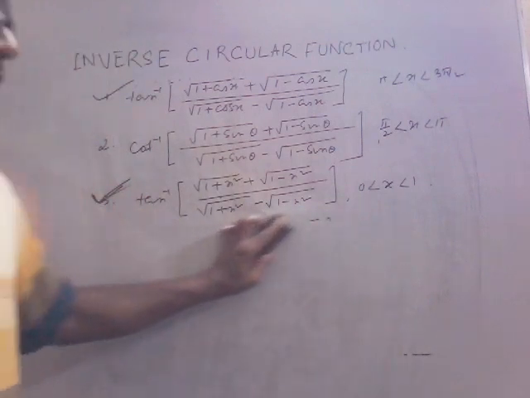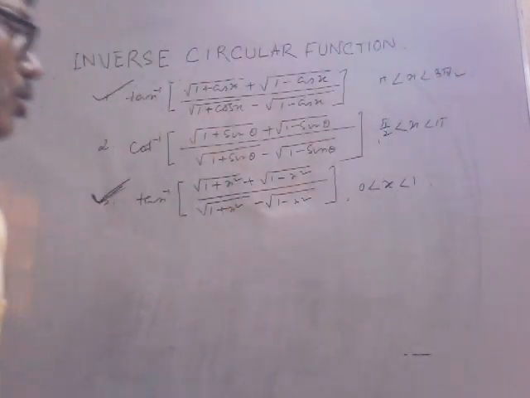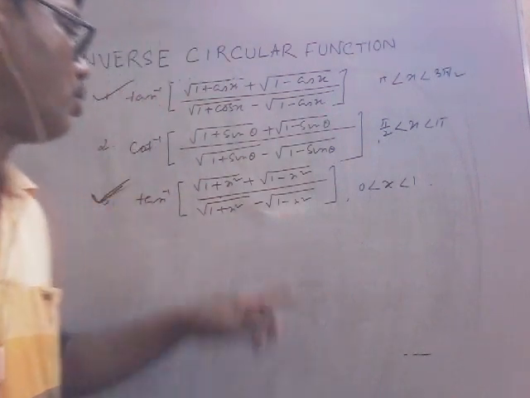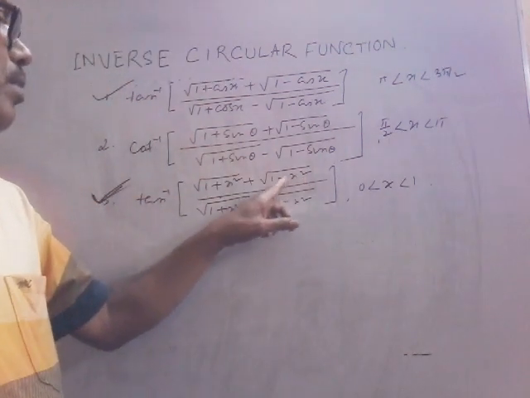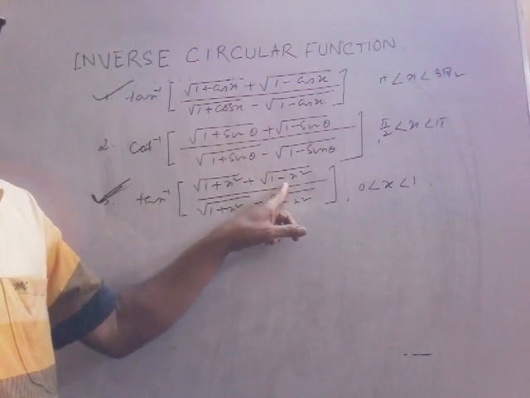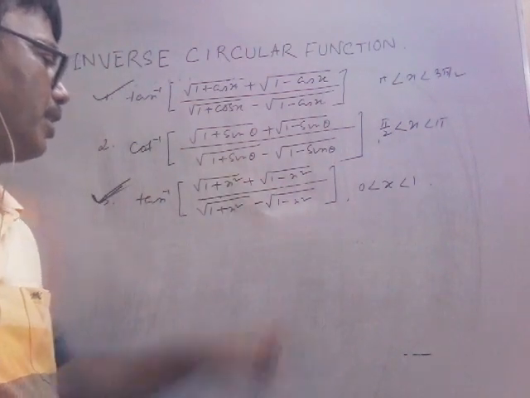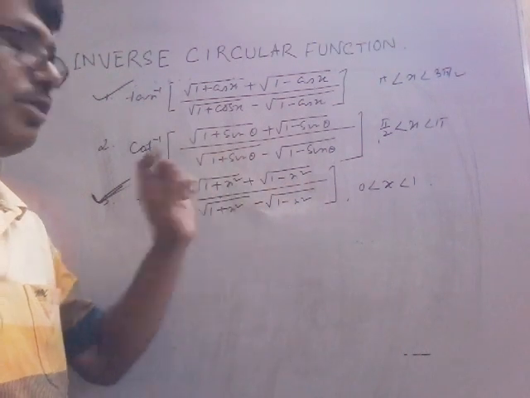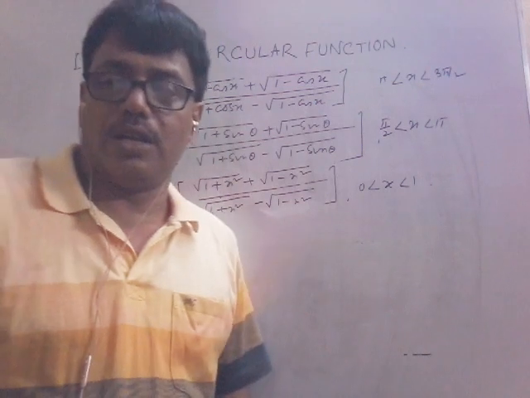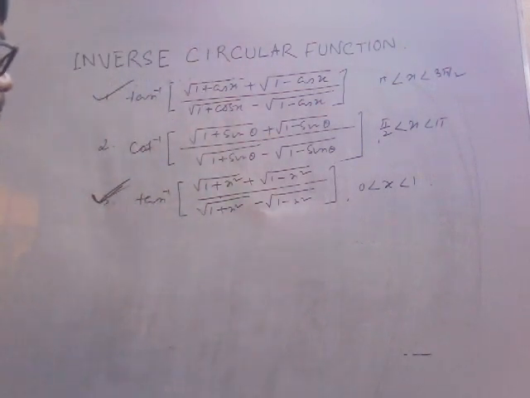Now look, what is our suitable transformation? If we put x equals sine theta, in 1 minus x square the root will be eliminated, but here it is not, it becomes 1 plus sine square theta. There is no simplified formula.